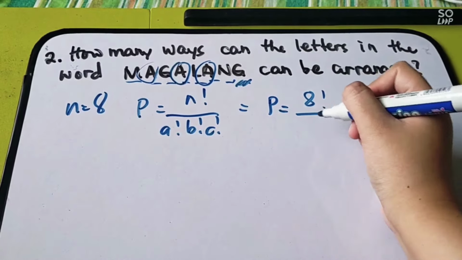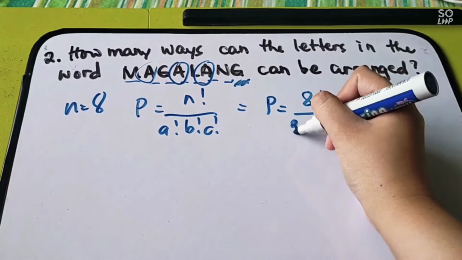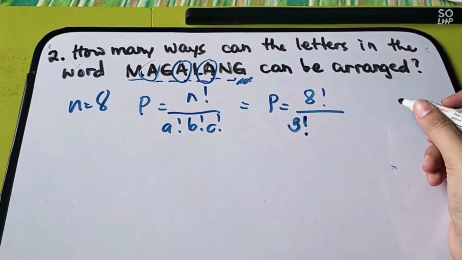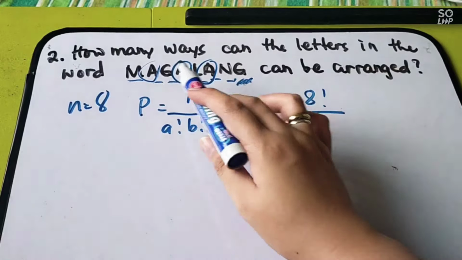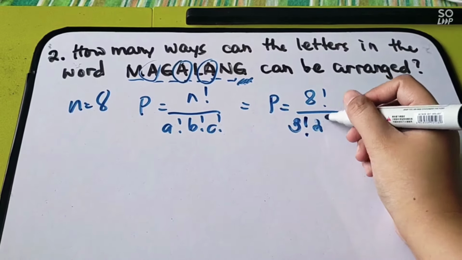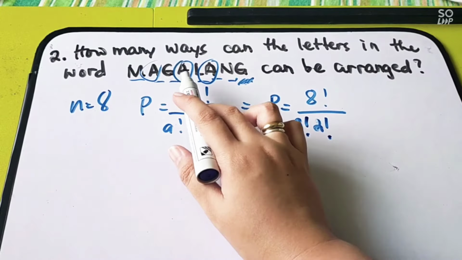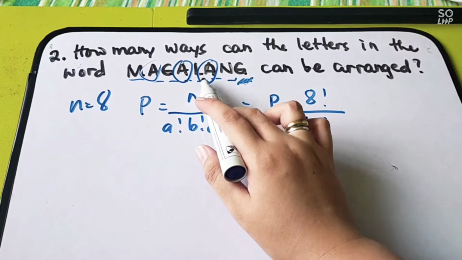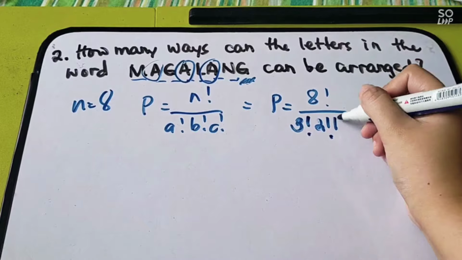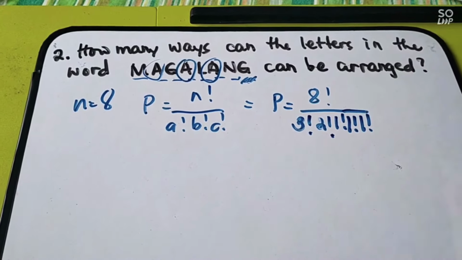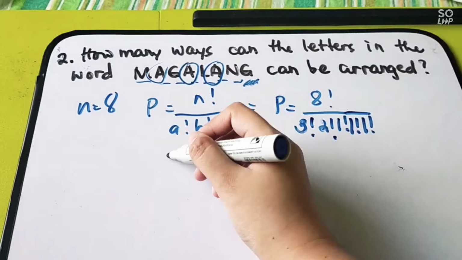Doon muna tayo sa pinakamaraming na ulit, which is letter A. We have 3 factorial. Kasi 1, 2, 3. Next tayo, si letter G. Dalawa beses. So, 2 factorial. Then, si letter M, isa lang. Si letter L, isa lang. At si N ay isa lang. So, 1 factorial, 1 factorial, 1 factorial.